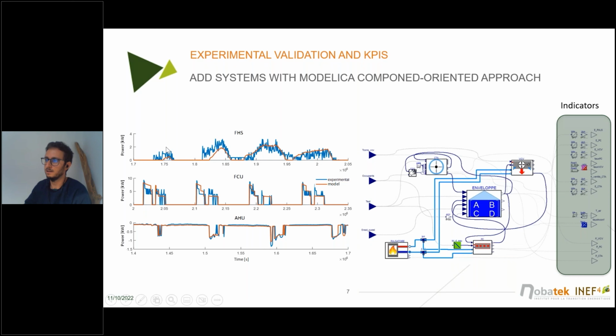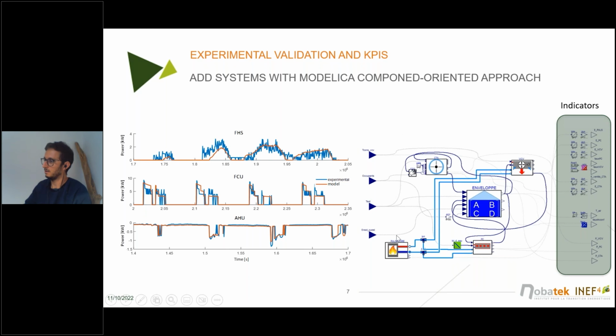You can see here the floor heating system, the power load, measurement versus model, and we validate what happened in terms of power demand for the floor heating system and for the fan coil units. So there are the two systems in the room, and also the air handling units. So yeah, this is the model before the retrofit.